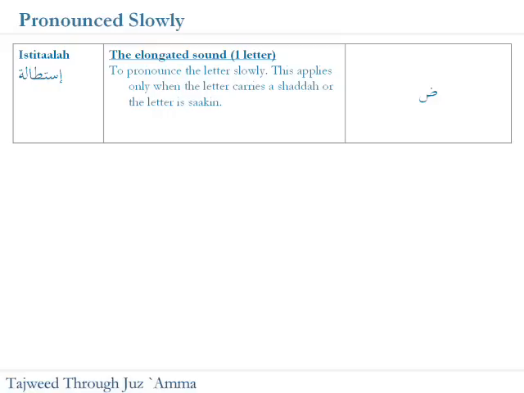Now in Surah Fatiha you have wala dallin, and that's when the dad carries a shadda, and you'll notice when you join to the dad, you hold it for slightly longer than you would any other letter. So it's wala da. Okay, so that wala da is what they call the elongated sound.